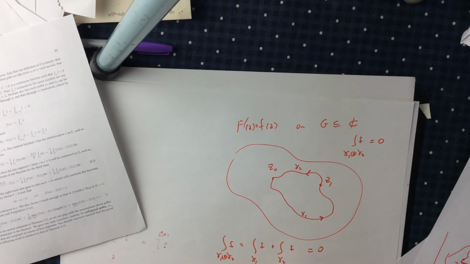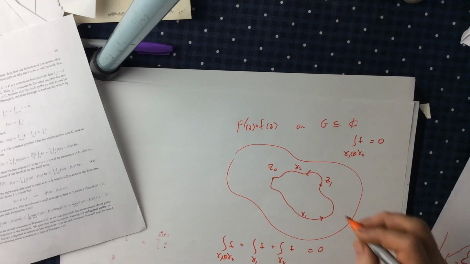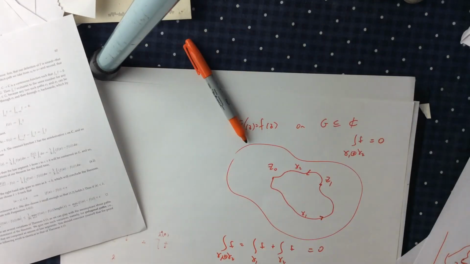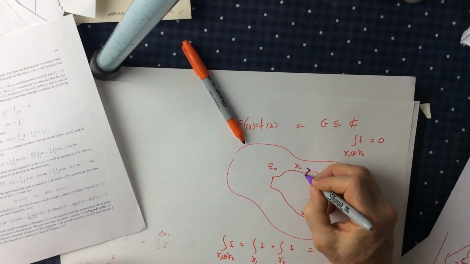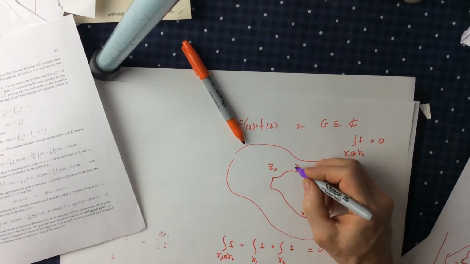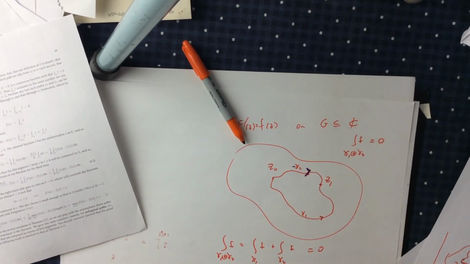So that means the integral over gamma 1 can be minus the integral over gamma 2 of f, which, now, that's minus gamma 2 going there, and it says we get the same answer.